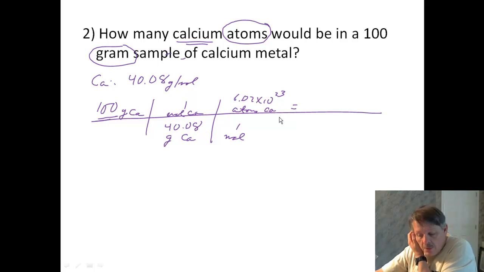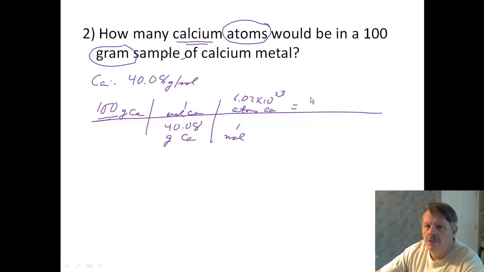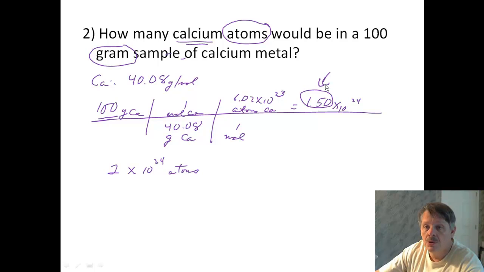And when I work that number out, I get 1.50 times 10 to the 24th, but I can only have one significant figure. And 1.50 rounds to 2 times 10 to the 24th atoms. Sorry, guys, I don't like it either, but it's important that we look at sig figs. So if you came out with 1.50 and you stopped there, I understand why you did that. That's okay. Just make sure that you notice here's a sig fig issue.